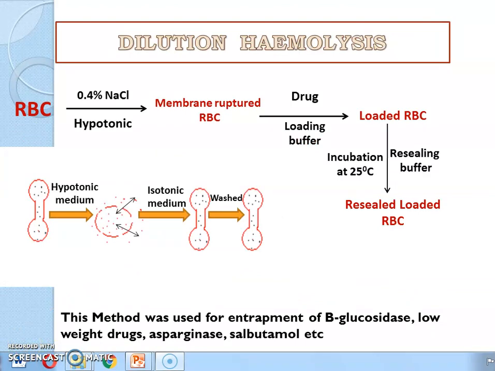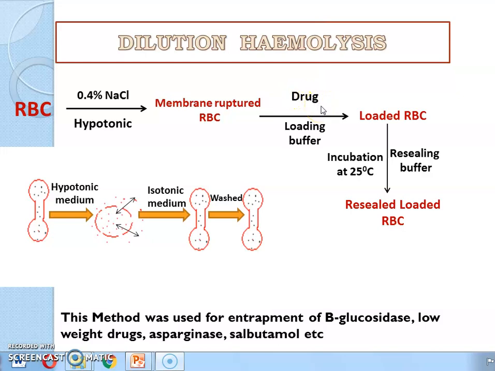The third method is the hypoosmotic lysis method. In that, the first one is the dilution hemolysis method. In this method, the RBCs are exposed to 0.4% sodium chloride solution, that is, a hypotonic solution. When the RBCs are placed into the hypotonic solution, they swell, and due to the swelling, the membrane of the RBCs ruptures. The ruptured RBCs are then placed into the solution which consists of the drug that should be loaded inside the RBCs.